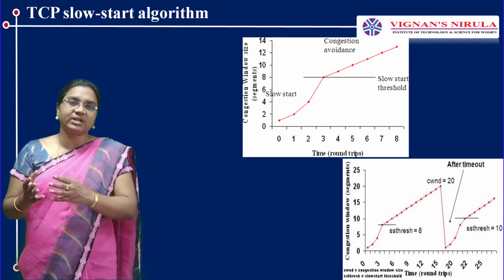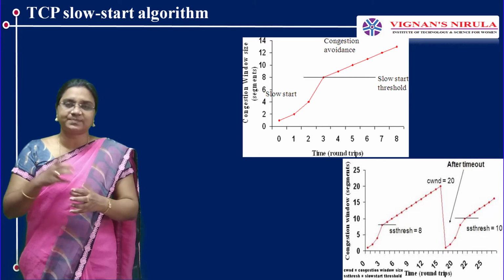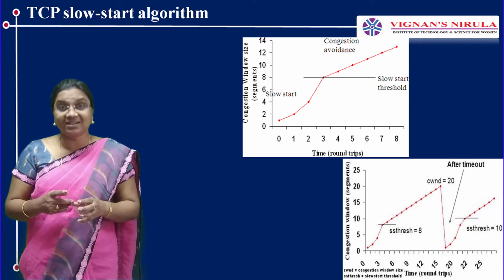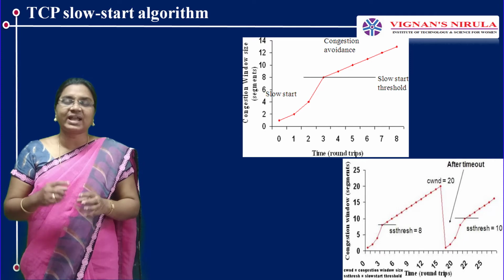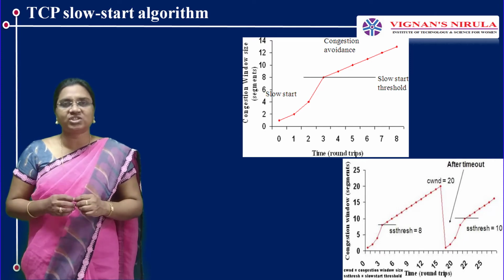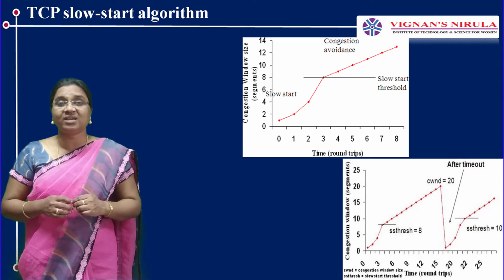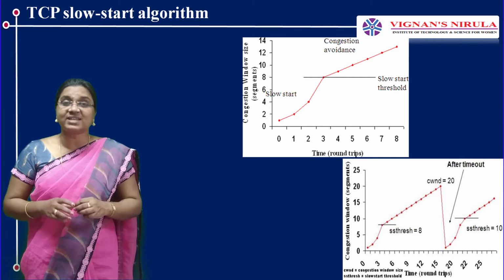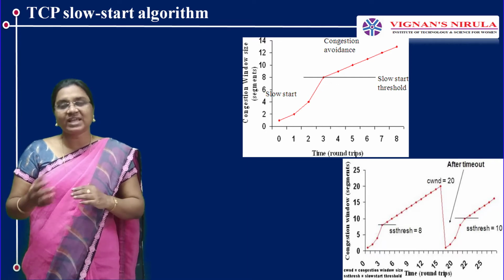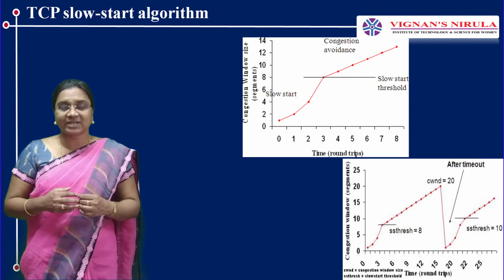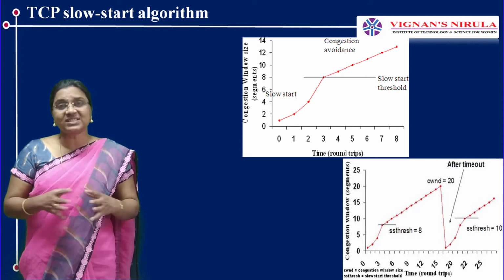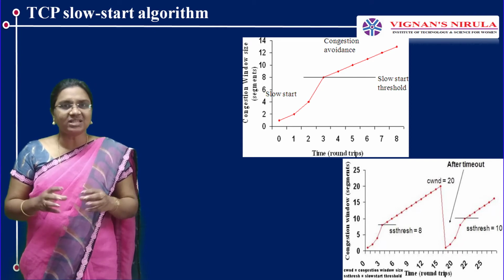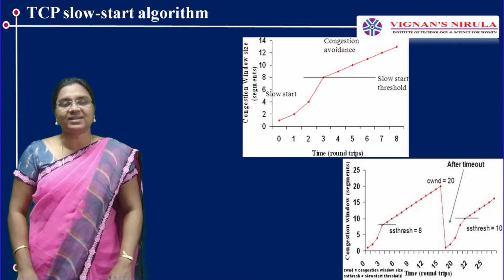If for 2 segments we get the acknowledgement successfully in time, then we again increase the congestion window exponentially, that is we make it 4. So at a time we are sending 4 segments together. If we get the acknowledgement within the timeout, this process continues until there is no congestion observed in the network.